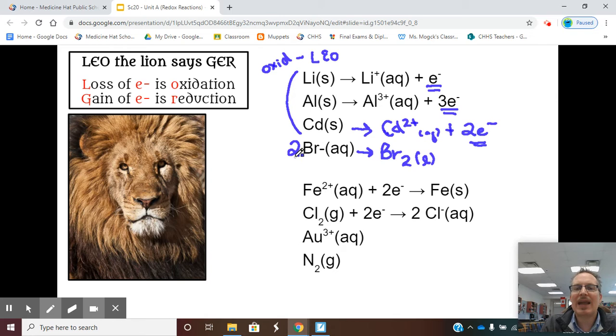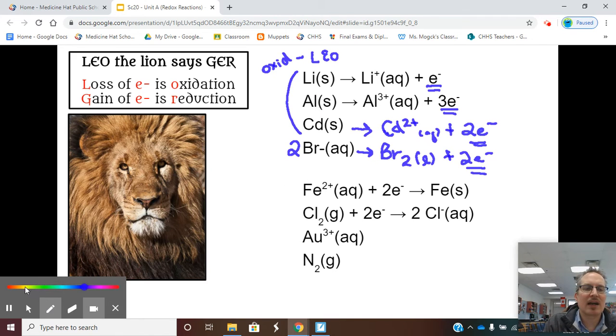So 2 negative on the left-hand side, no charge on the right-hand side. Well, since I'm only allowed to add negative electrons, 2 negative on the left, 2 negative on the right. 2 negative, 2 negative. They're going to equal each other. And again, it's losing electrons because these are examples of oxidation.